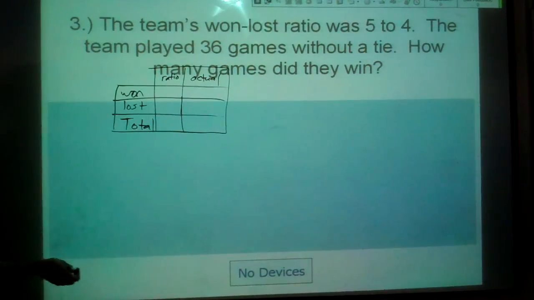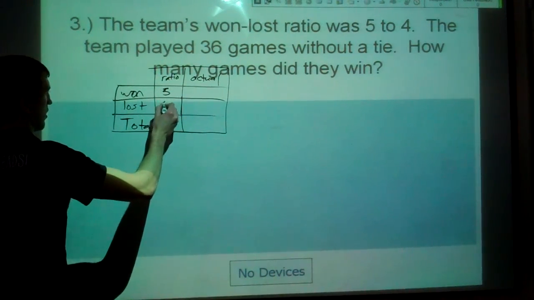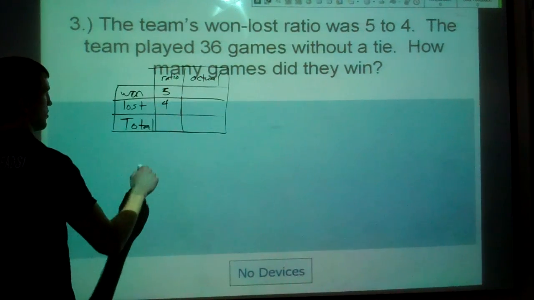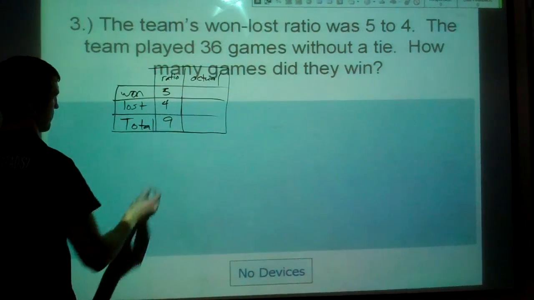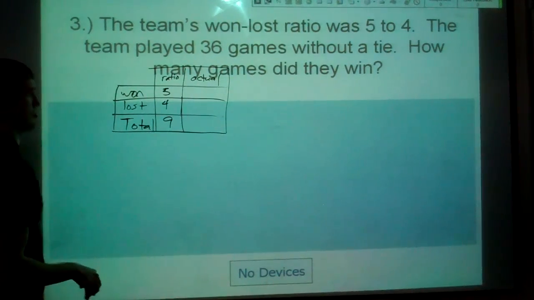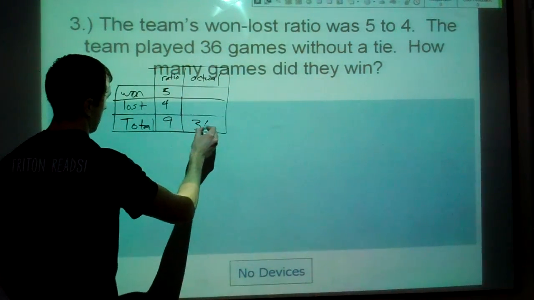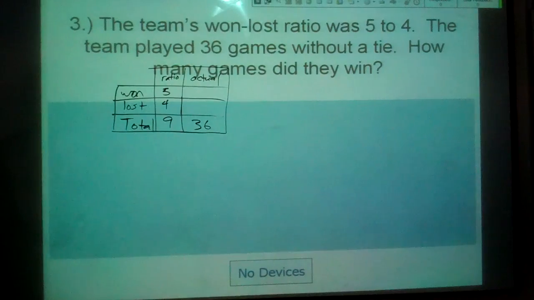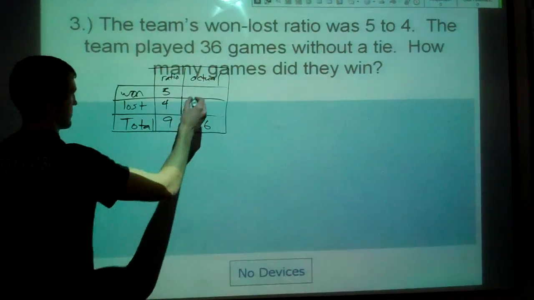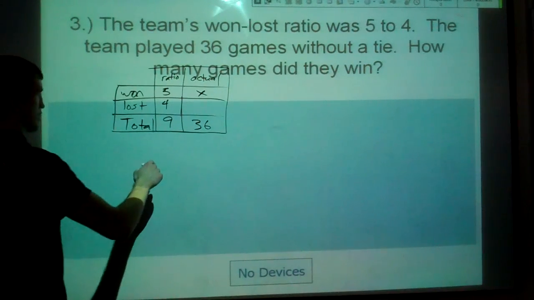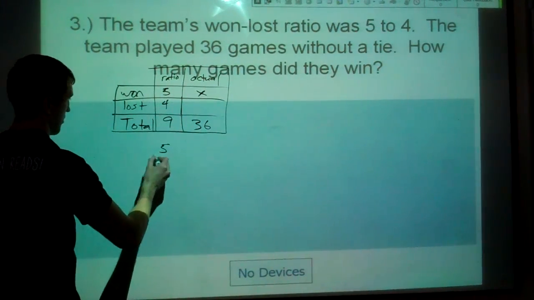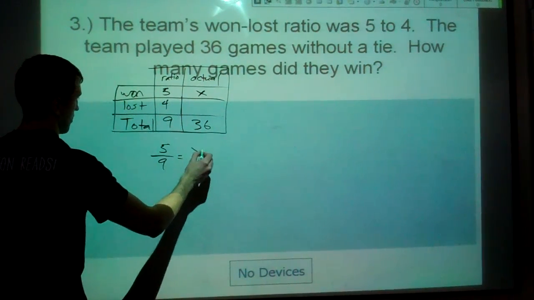Won to lost is 5 to 4. To get a total, we just count up our column. 5 plus 4 is 9. They actually played 36 total games. A couple options here, because we are looking for how many games they actually won. We could pull this fraction out: 5 over 9 equals x over 36.